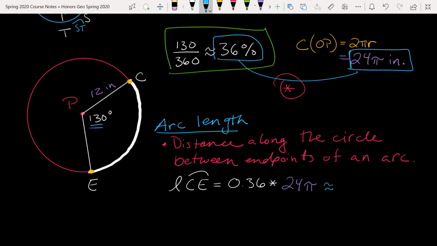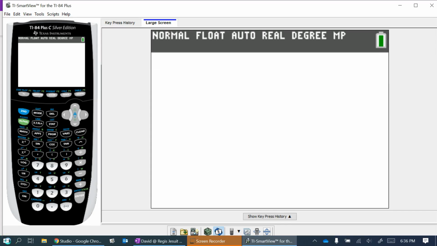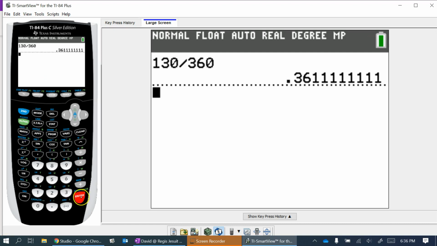Let's use our calculators to find an approximation of what this actually ends up being. Well, we might as well find a better approximation of that 36%. Let's re-enter that into our calculator. So that 36% was really about 36.11, etc. %. That's helpful to us because we can now multiply that by the circumference. If you're looking for the pi key, it's right above the caret as the second function.